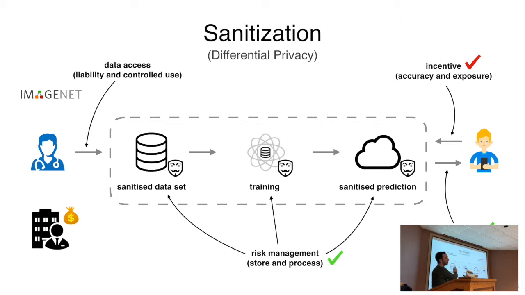Doing this for the whole pipeline will not result in an accurate model, and it won't result in performant machine learning like we're used to. So we do need something else if differential privacy, so far at least, is not enough to provide the privacy-preserving machine learning that we'd like.